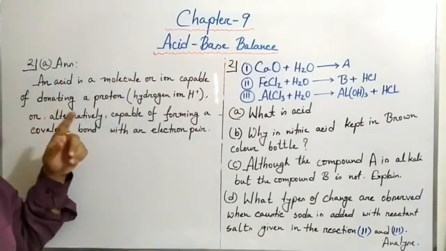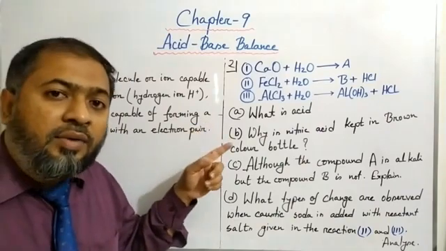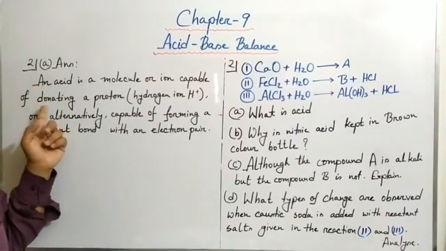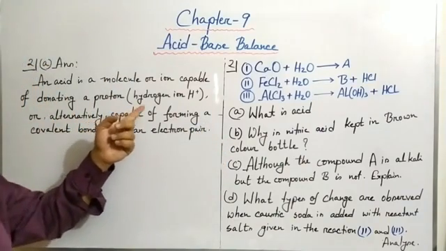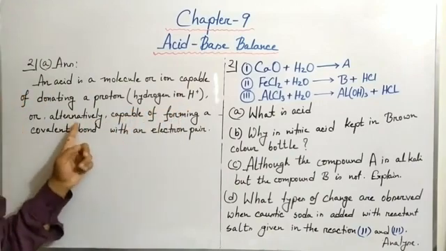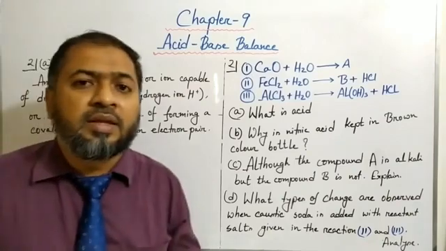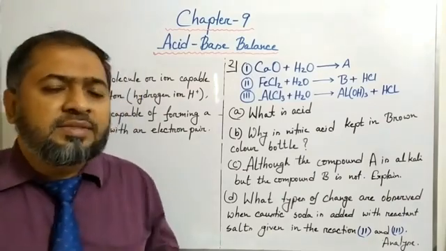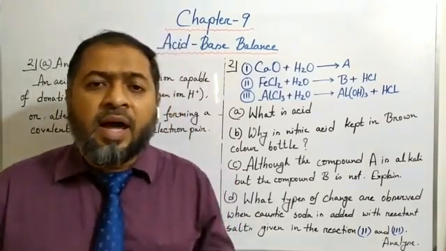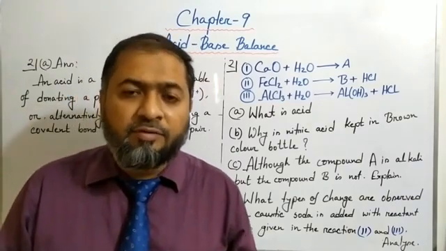An acid is a molecule or ion capable of donating a proton ion, which is a hydrogen ion, or alternatively capable of forming a covalent bond with an electron pair. That is known as an acid. Now I am going to give you some examples of acids.